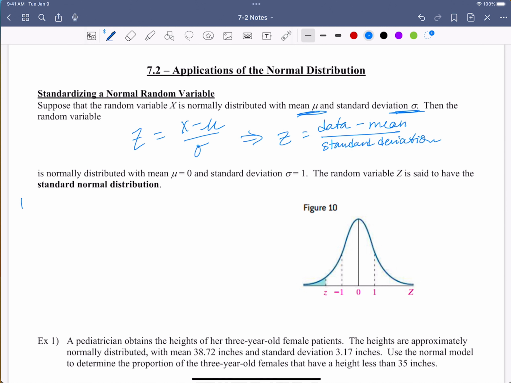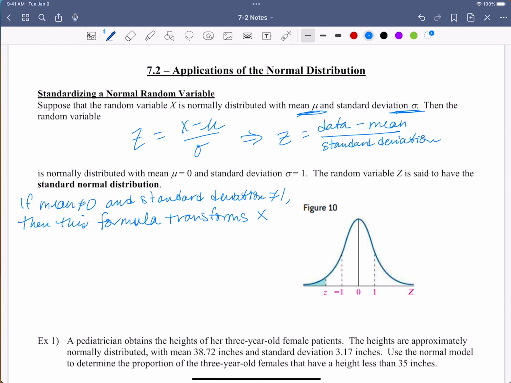All right? If the mean does not equal 0 and the standard deviation does not equal 1, then this formula transforms x into the standard normal variable z, where the mean is equal to 0 and the standard deviation is equal to 1.